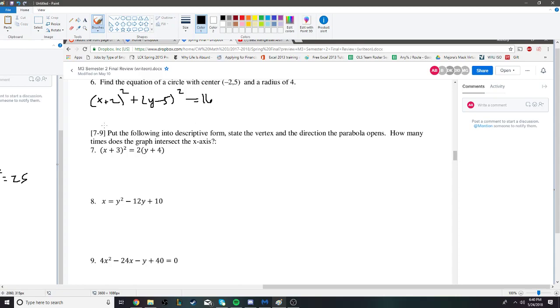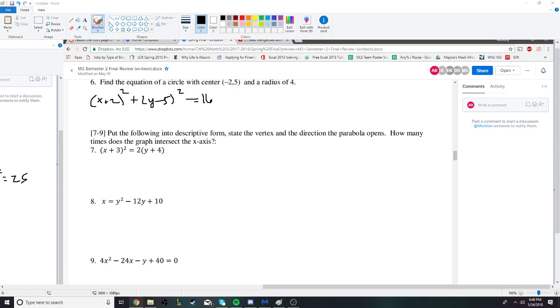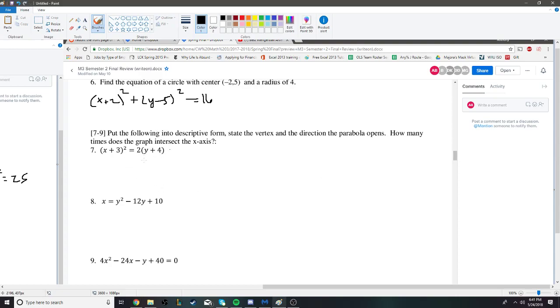Put the following into descriptive form. By descriptive form, I'm assuming that means just get y or x by itself. Okay, so we're just going to get y by itself. So we're going to divide both sides by 2.